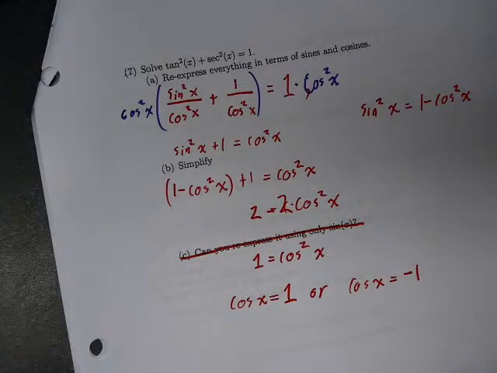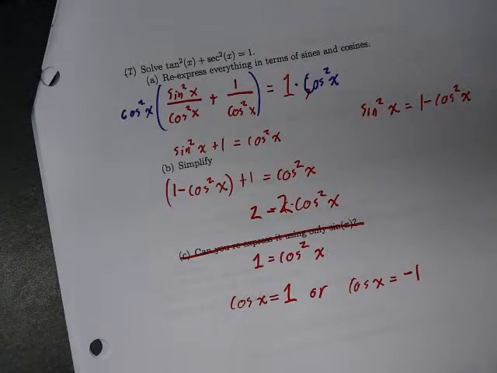How'd you get 2 equals 2 times cosine of x? Yeah. So let's see. So these parentheses don't actually matter, do they? So really I have 1 minus the square of cosine plus 1 is equal to the square of cosine. Oh, so just add it over 1 plus 1. Okay. Yep. Does anyone else want me to talk through that in more detail?